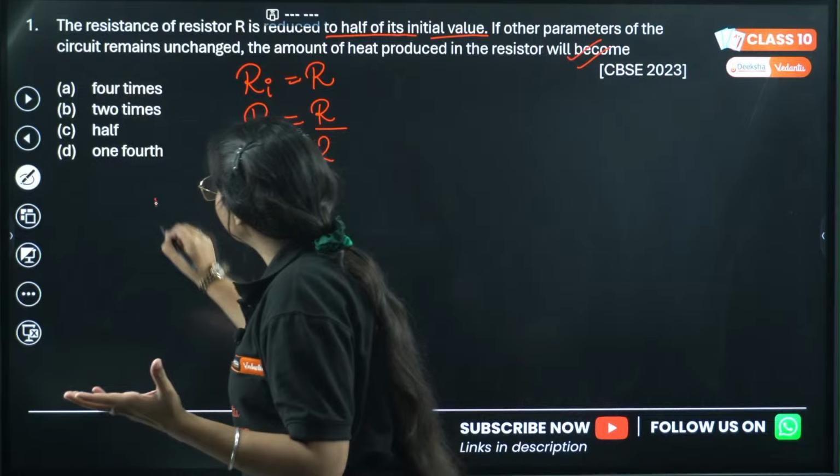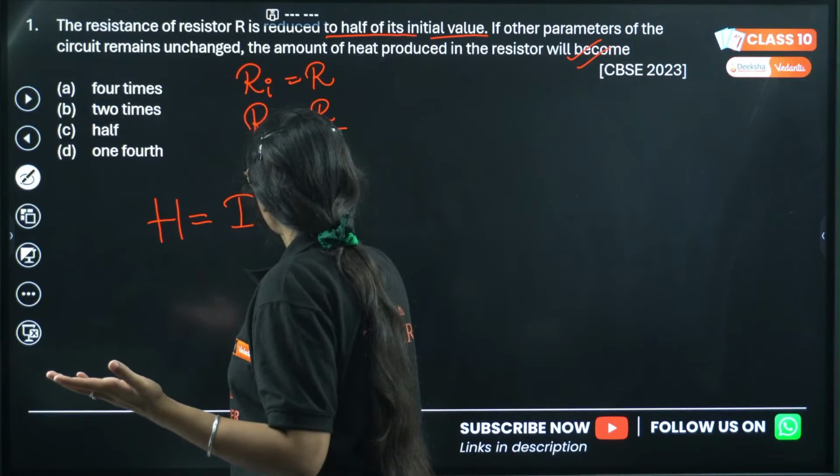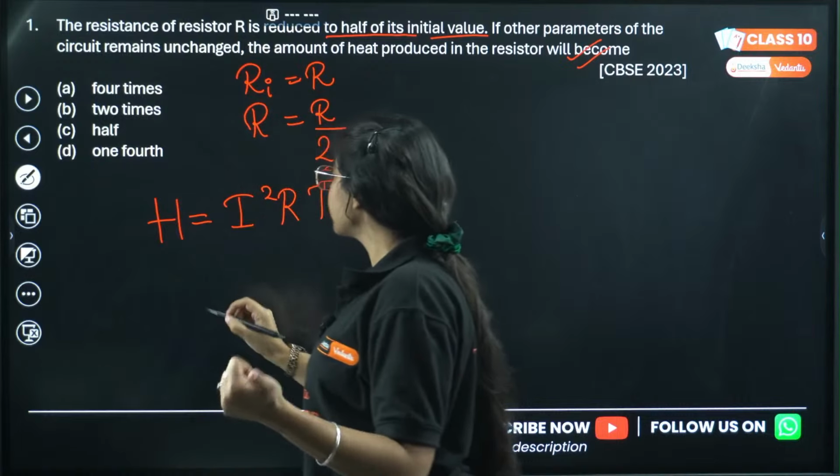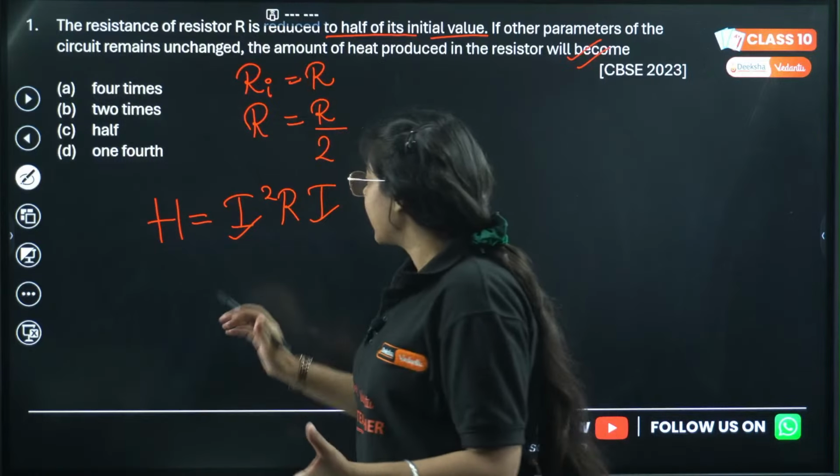For heat, we know we have a formula which is H equals I square R T. Now all other parameters are same. Then what changes?